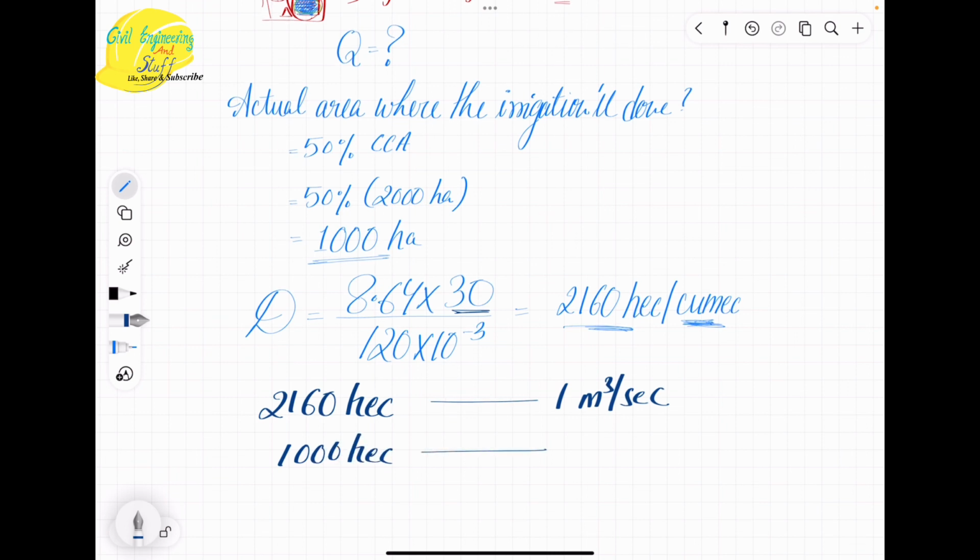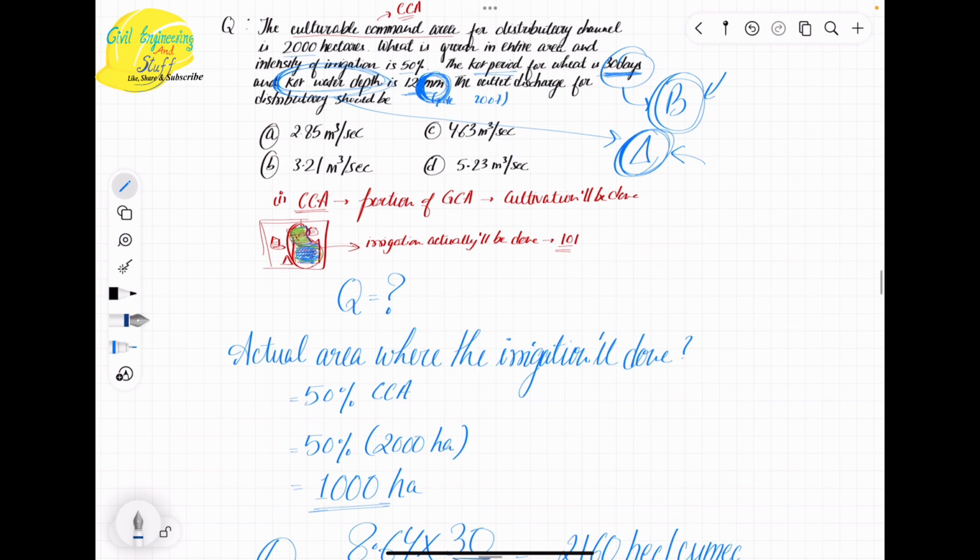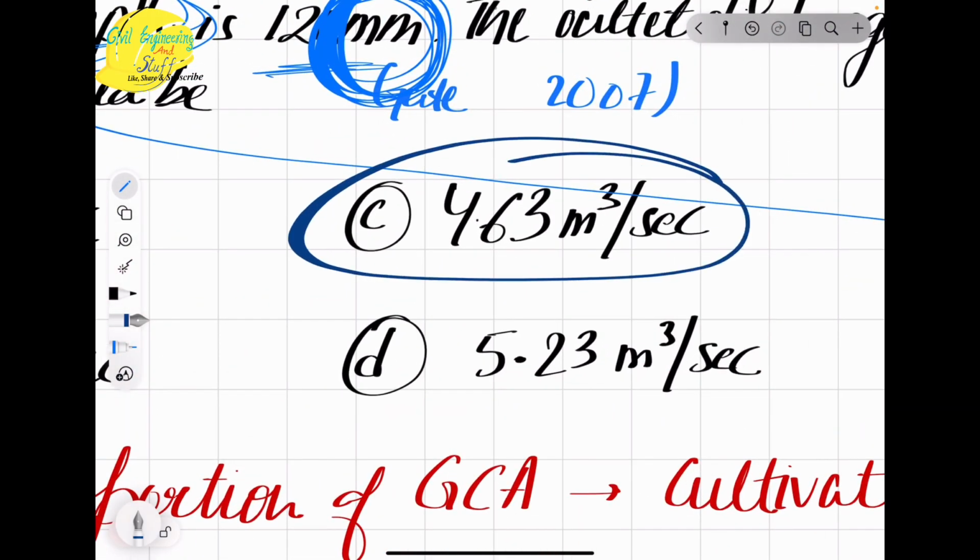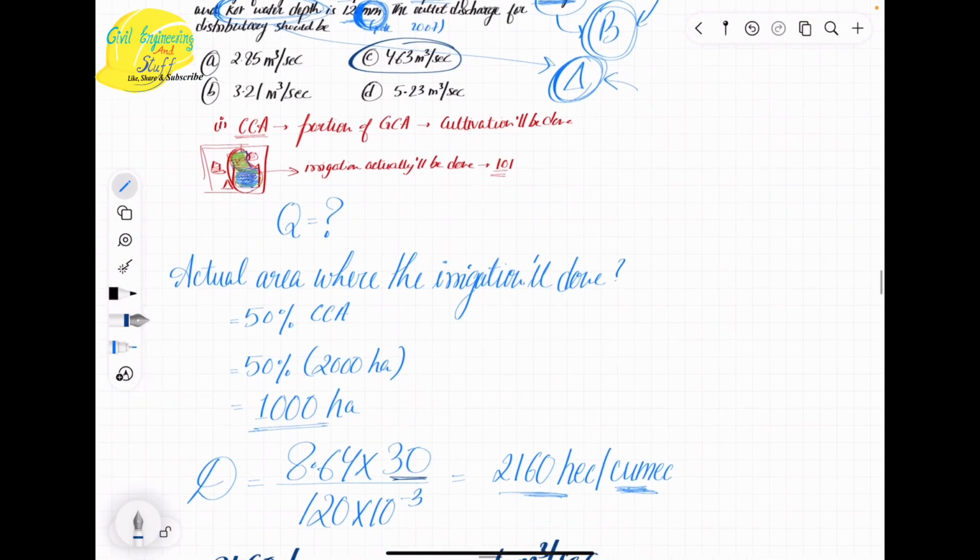It will be irrigated by 1000 divided by 2160. So the answer will come out to be 4.63 meter cube per second. That will be the discharge. Which is the option? Option number C will be the answer.